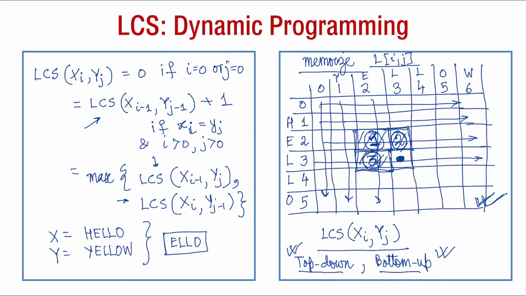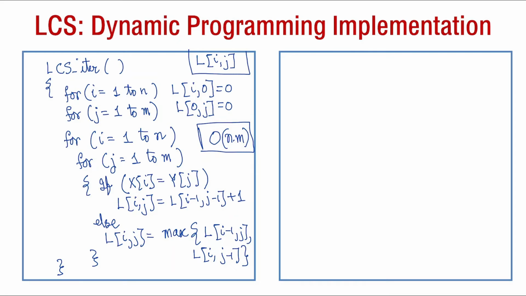It is an n into m array that we remember, and each cell of the n into m array has to be filled, and based on the testing of the condition that we have, there is only one condition to be tested. If that condition is satisfied, xi equal to yj, then we have one computation. Otherwise we have two computations, which means that we can fill up every cell in constant time.